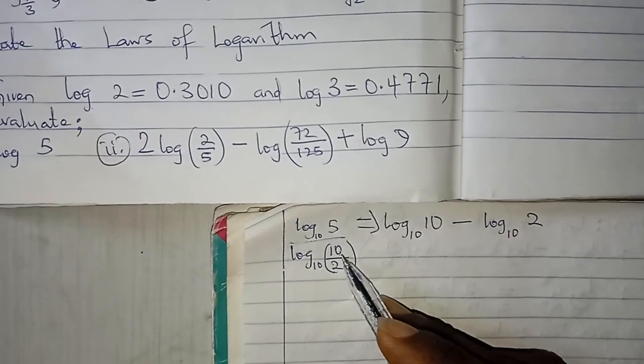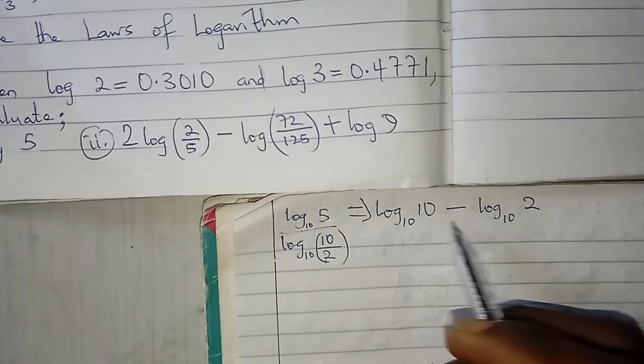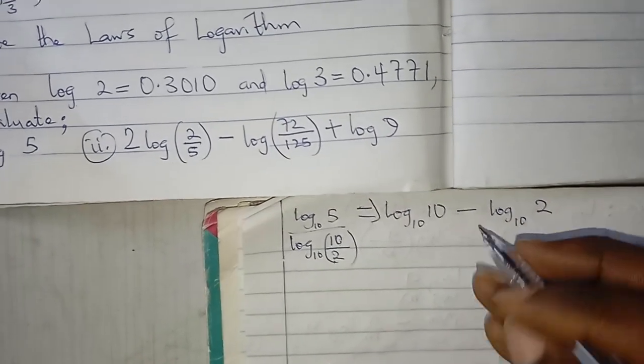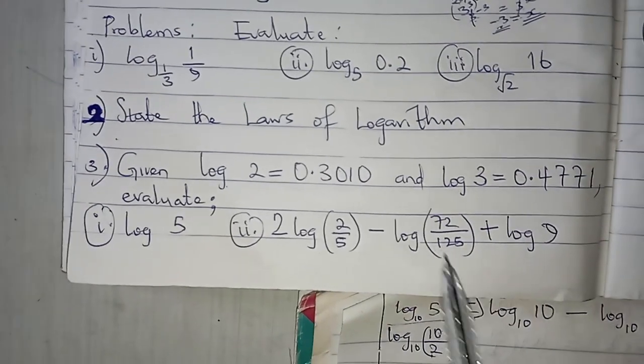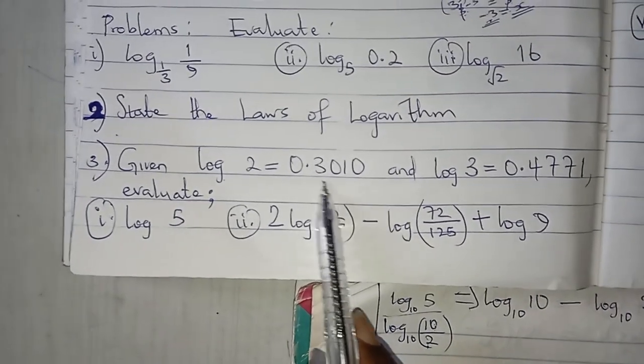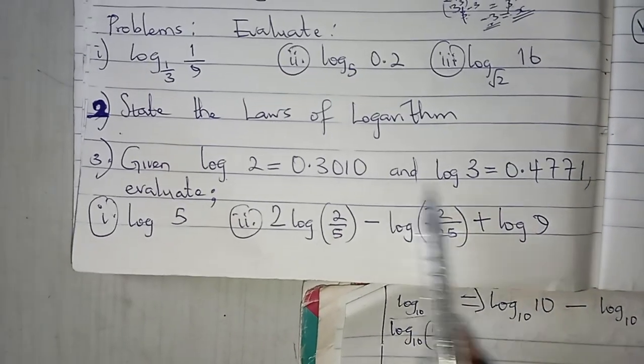And I know that logarithm says that if I have division like this, it can mean subtraction. And why am I doing this? Because if you check from what I'm asked to evaluate, there's nothing like 10 or 5, but I know I have 2.